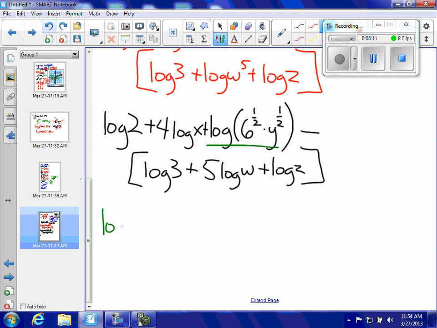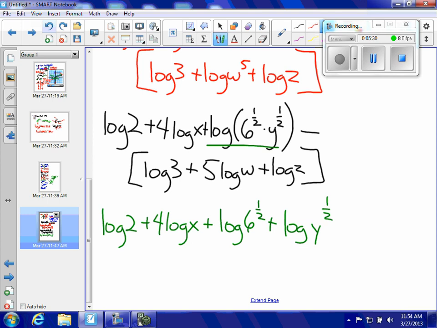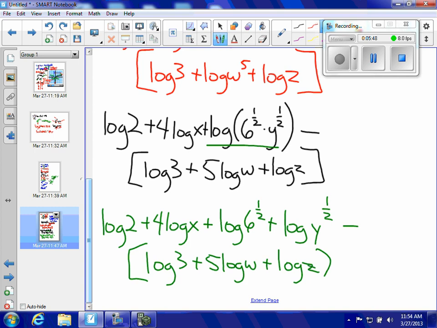So I have log 2 plus 4 log x plus log 6 to the 1/2 plus log y to the 1/2 minus my bracket, log 3 plus 5 log w plus log z, bracket.